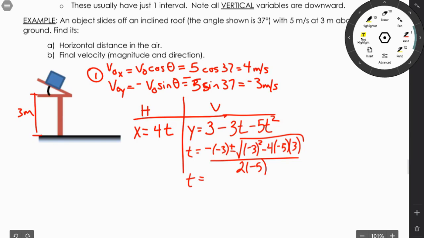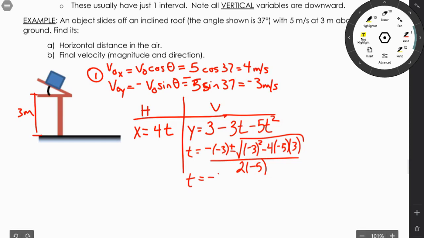And so we plug that into our calculator. So negative 3 plus the square root of negative 3 squared minus 4 times negative 5 times 3, divided by negative 10.